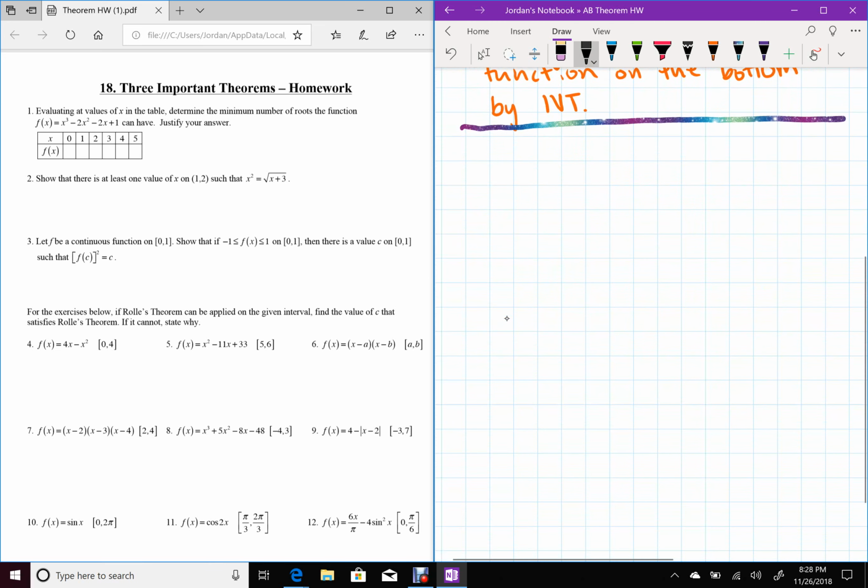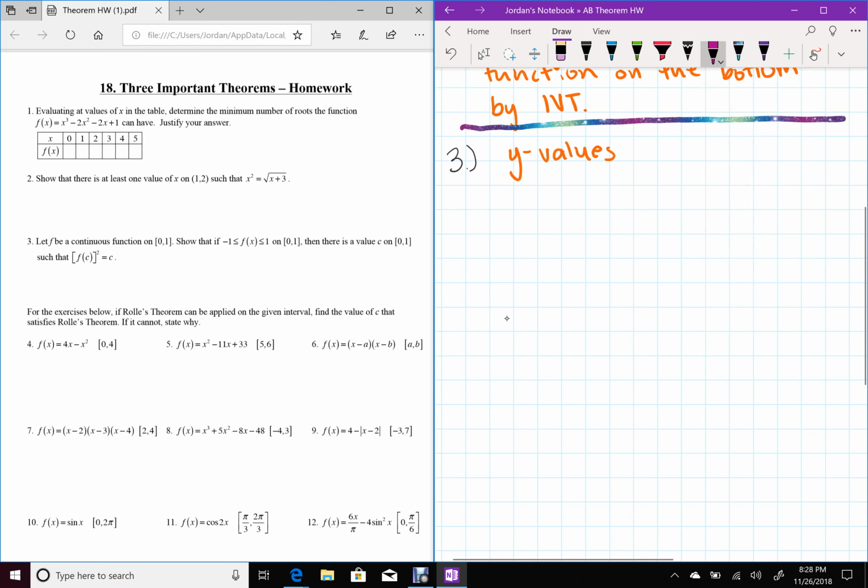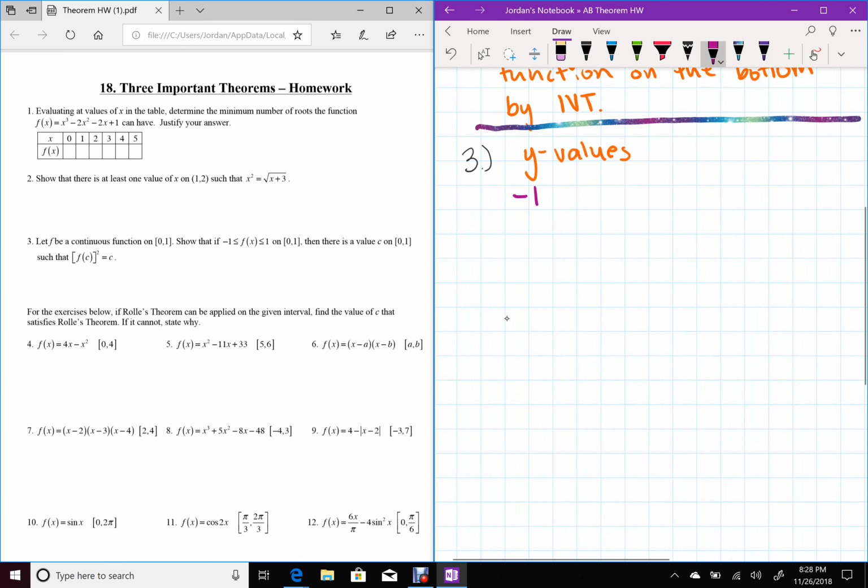Now, number 3 in class we had some issues with, but since we have it, we're going to be able to do it pretty quickly now outside of this. So what we said is that these y values, which were given to us as being between -1 and 1 on the interval 0 to 1, right?